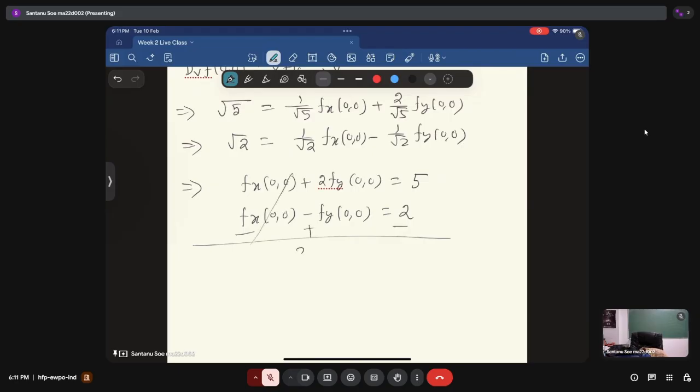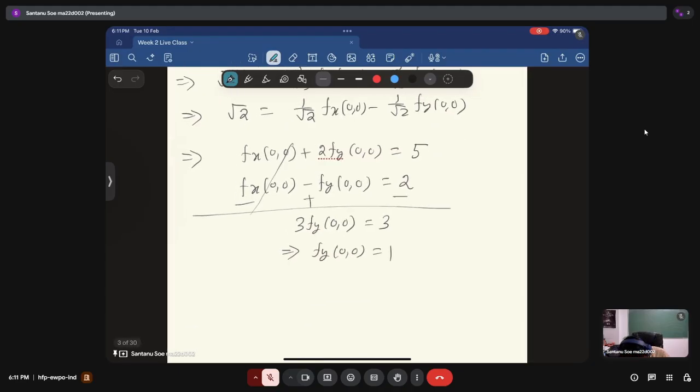So we have 3 fy(0,0) is 3, and this implies fy(0,0) is 1. And again, fx(0,0) will be 2 plus fy(0,0), which equals 2 plus 1, and that is 3.